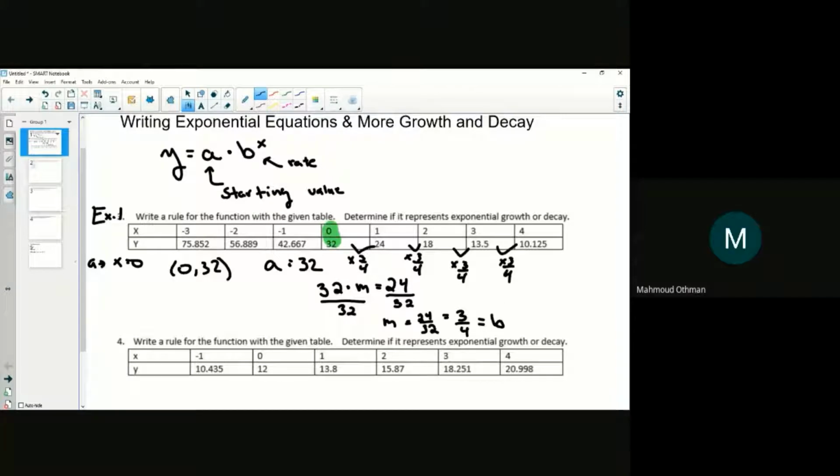So remember, y equals a times b to the x, which equals my starting value, which is 32, times 3/4 to the x. And determine if this represents growth or decay. Since the values are getting smaller, this is a decay function. So it's a decay because b is less than 1.